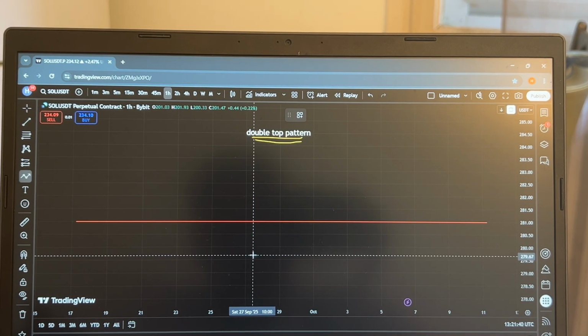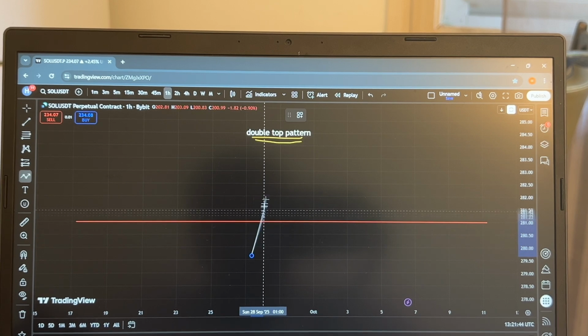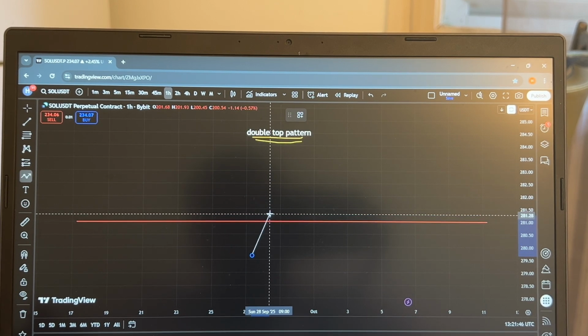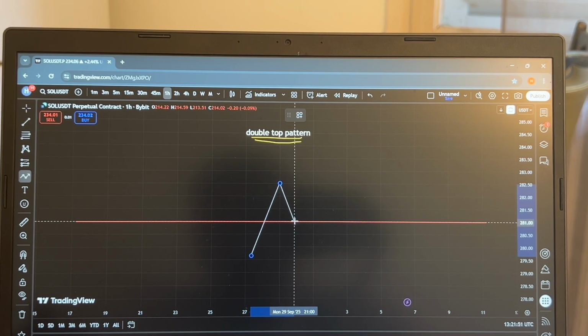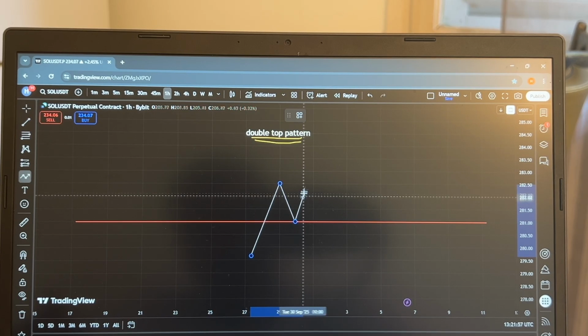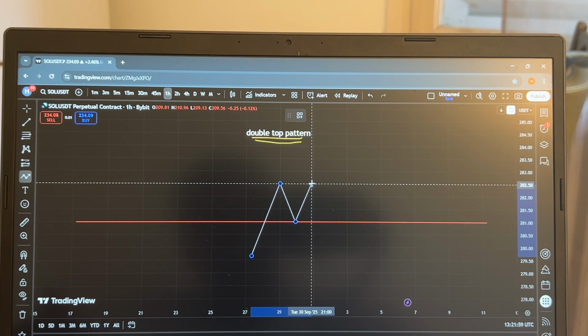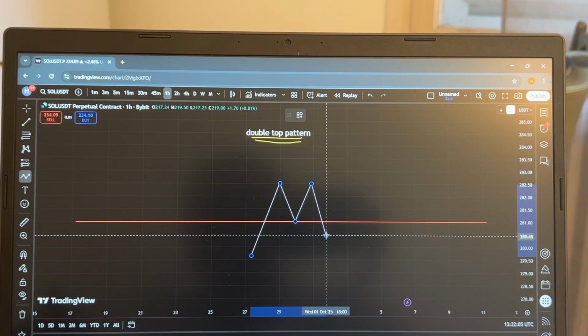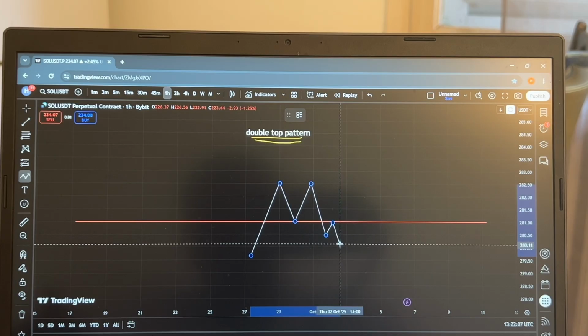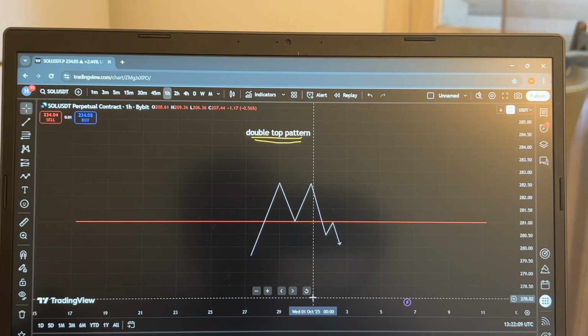Basically what it means is the initial trend in a double top pattern should be an uptrend, and it's going to come back, retest, come back, touch this trend line, the neckline, and go to the same height, and then it's going to break this neckline, do a small retest, and then go bearish.